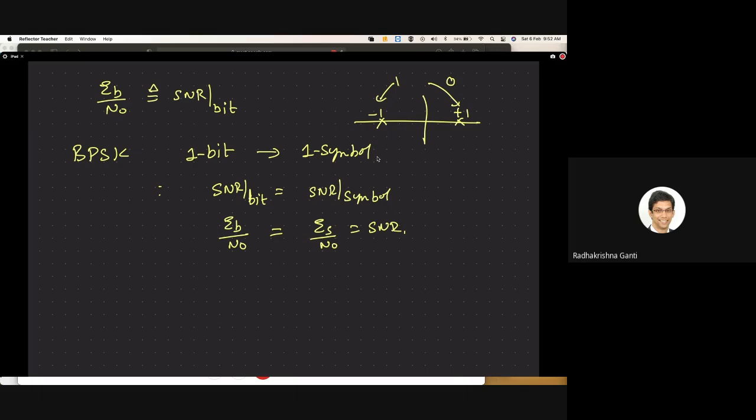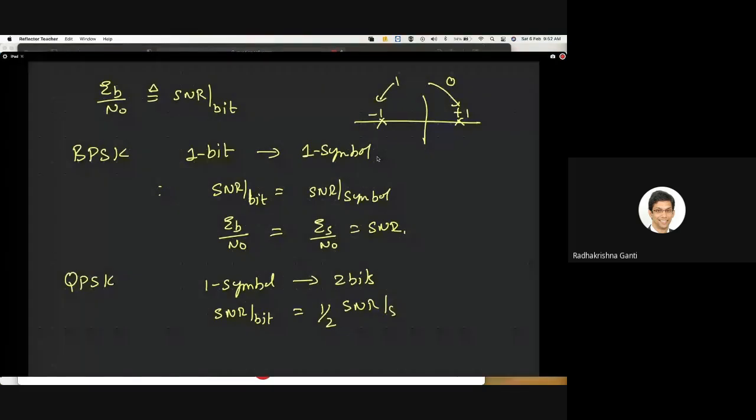Let's do QPSK, so it becomes clear. In QPSK, how many bits are there in one symbol? 2 bits. So SNR per bit will be equal to half of SNR per symbol.